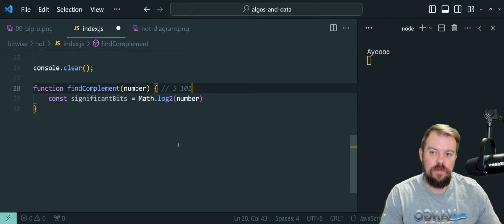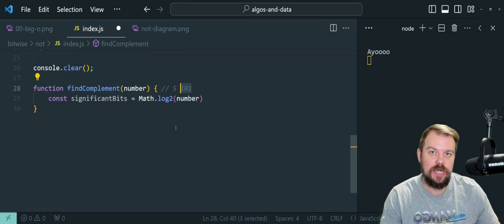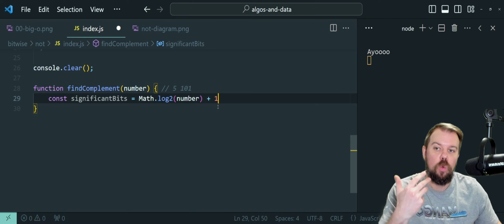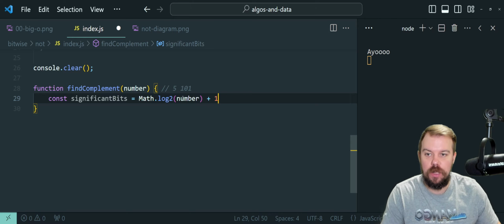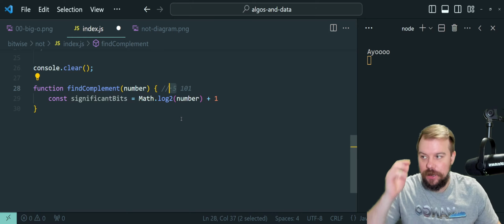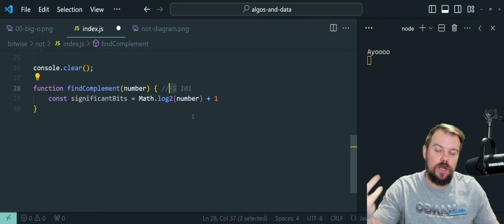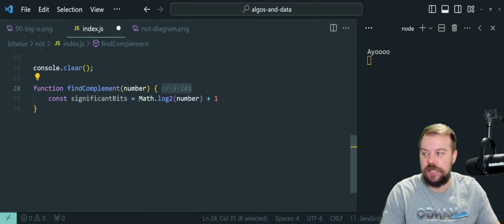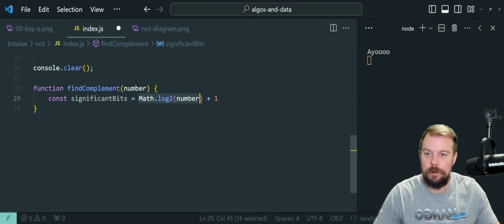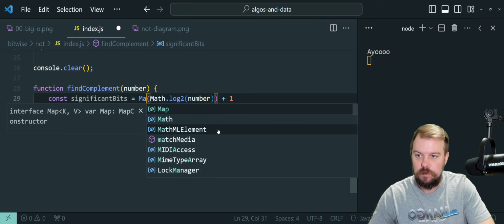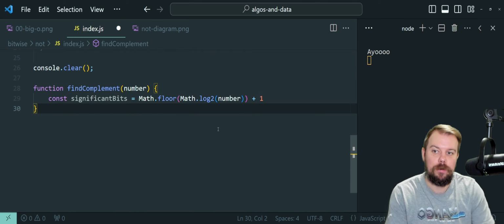So the most significant bit is going to be in position 2 of 101 right there. But in terms of counting bits, we need to actually count them starting from 1, not from 0. So all we have to do is add 1 to this number. If log2 of 5 got us like 2.32 or something like that, we add 1 to it, we get 3.32, and you guessed it, all we need to do is floor this number before we add 1 to it. Good old Math.floor coming in again.